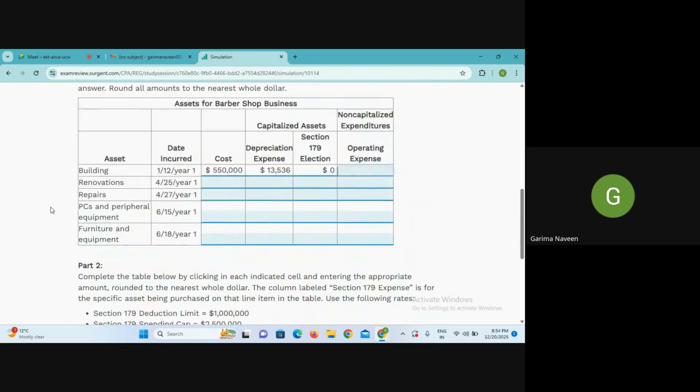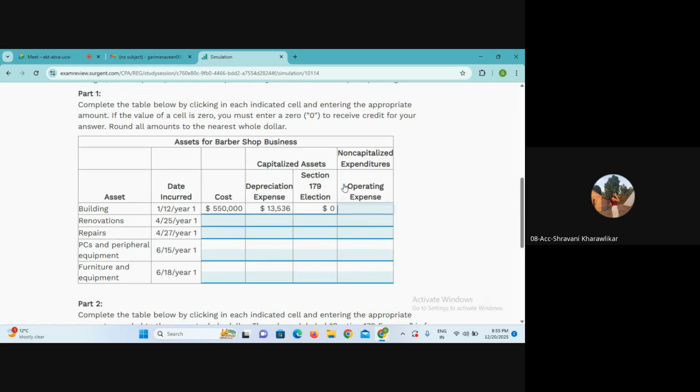So basically for January year one, what should be the operating expenses? Should I scroll it above? Yes, ma'am. Okay.